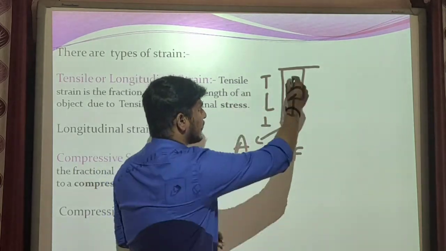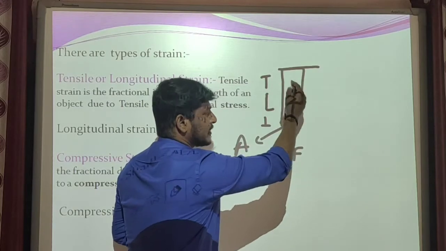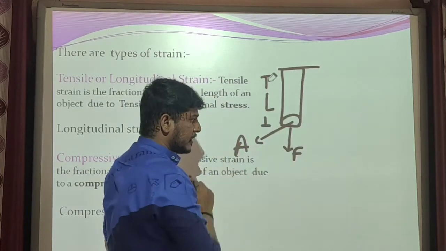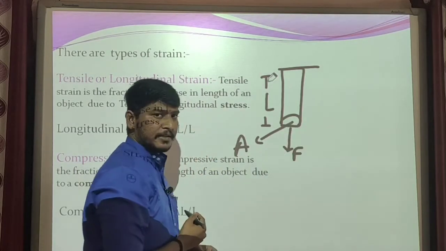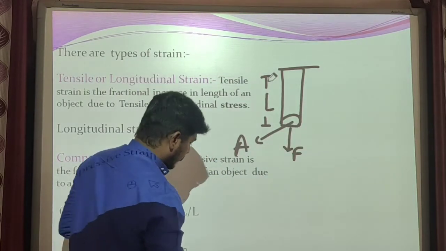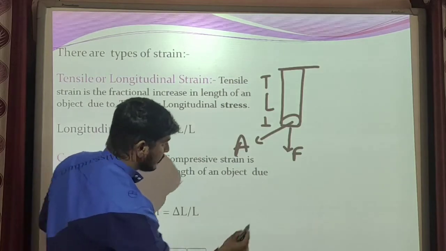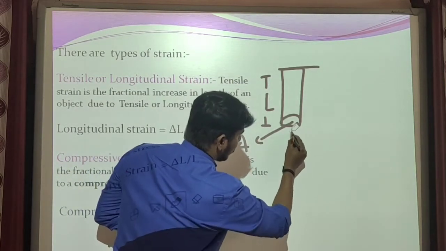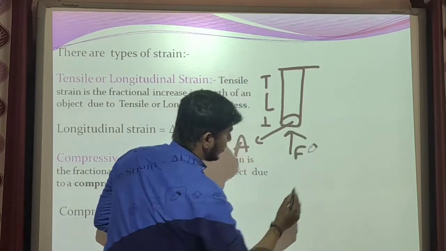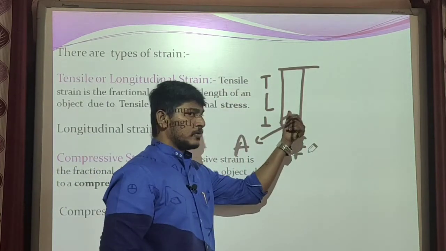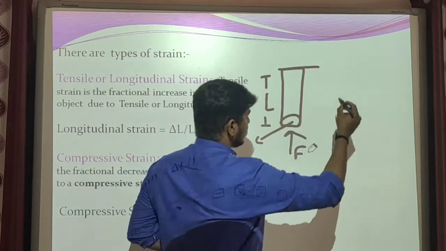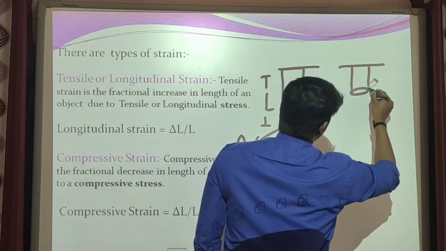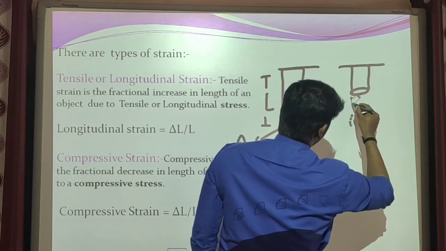Here I have taken one object, its one end is fixed and it has some initial length L and cross sectional area A. Then we are going to apply force in the upward direction. After applying this force, this body undergoes deformation, that is, there is a decrease in length.